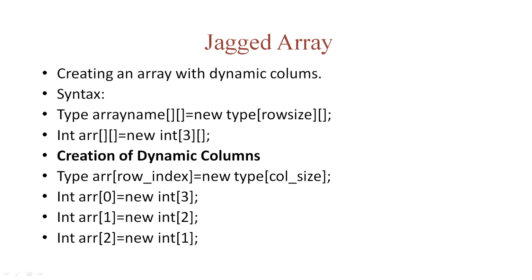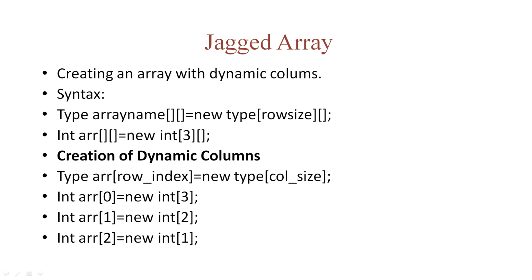In a two-dimensional array, we know that we can specify two-dimensional or multi-dimensional arrays with a specific row size and column size. Based on that, you may read the row size or column size directly, or you may take the row size or the column size from the user.